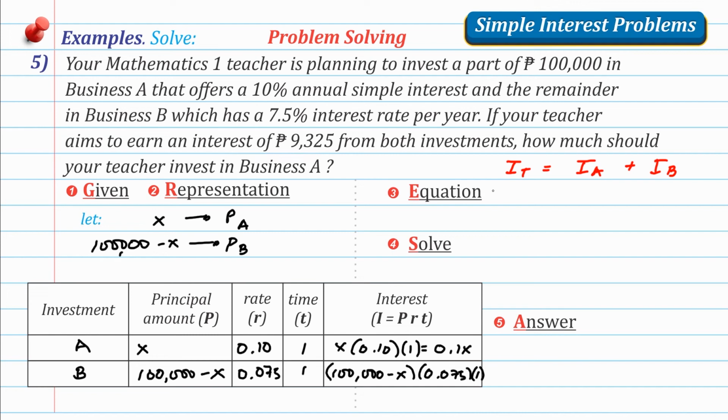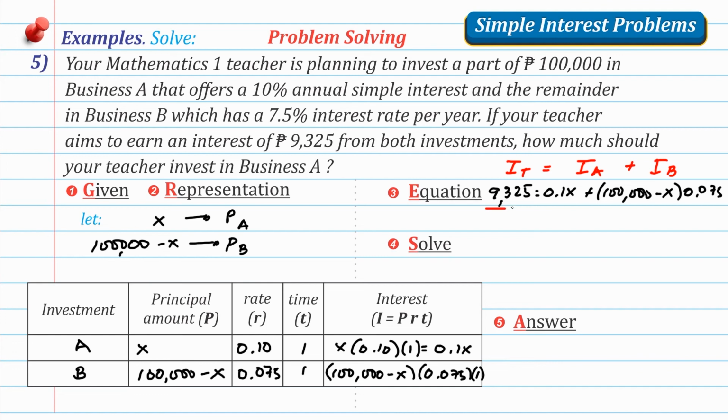So, we have to substitute 9,325. Magkano naman ang kita sa Business A? It's 0.1x. Substitute this one. Now, magkano naman yung kita sa Business B? Naku, medyo mahaba. Let me write 100,000 minus X. Of course, we can remove this one here, times 0.075.